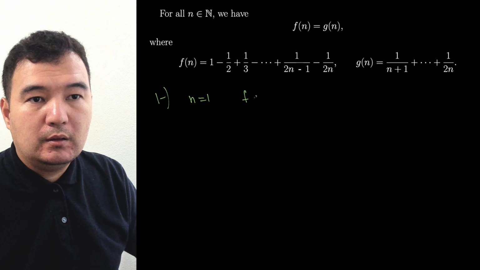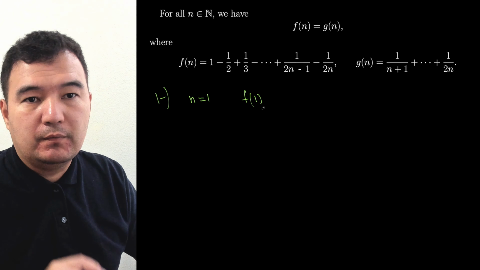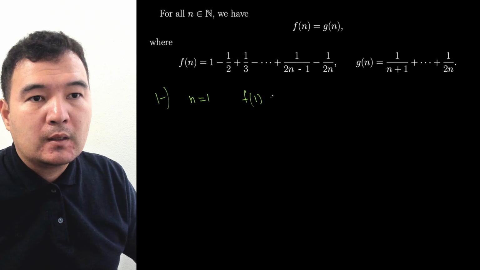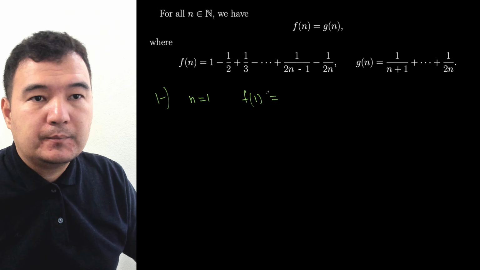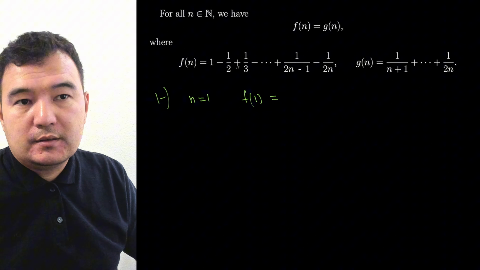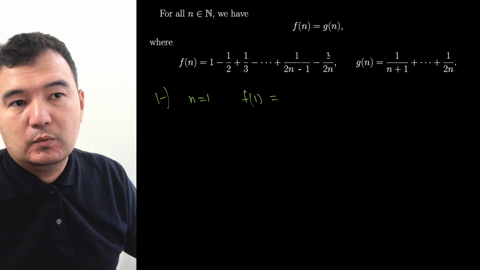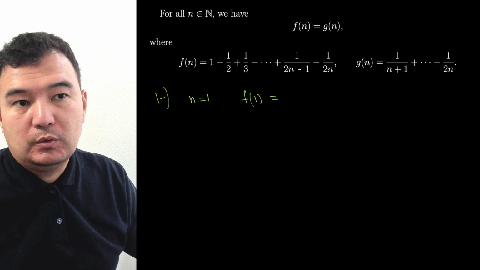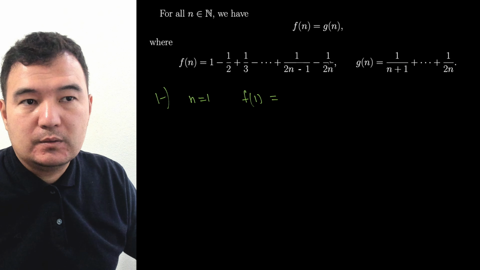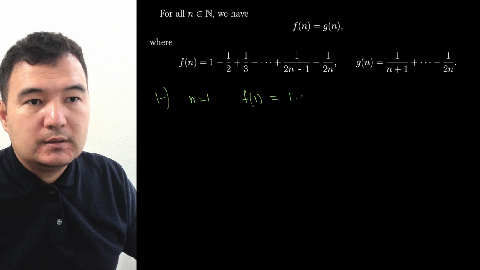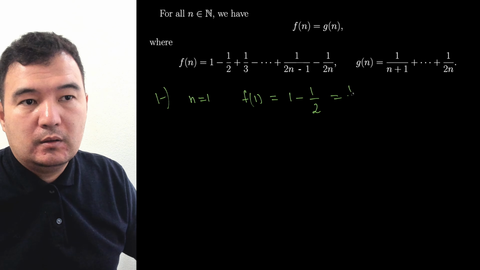Basically we want to check if f1 is equal to g1. So f1 is the alternating sum of fractions from 1 to 1 over 2n. So basically it means 1 over 2. So this sum is going to be 1 minus 1 over 2, which is just half.